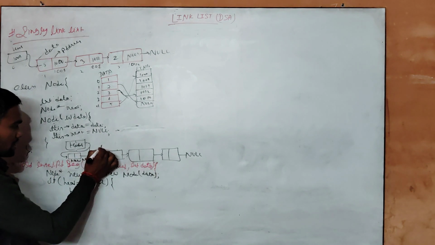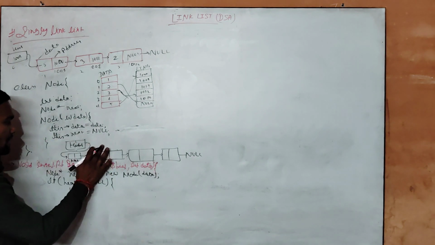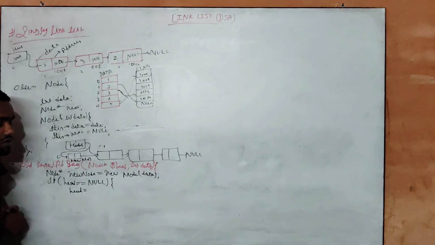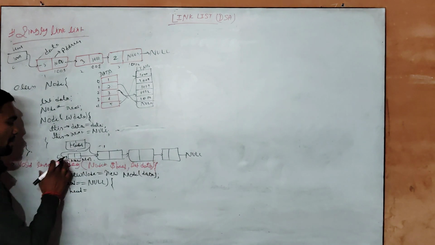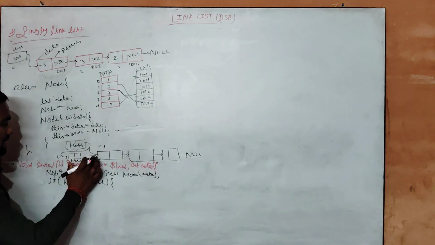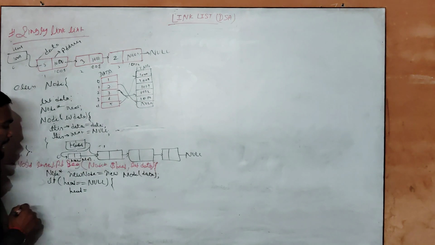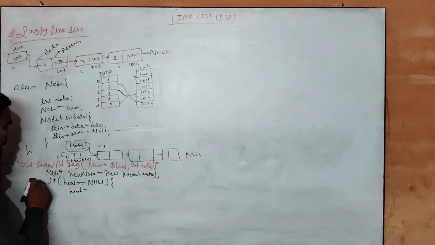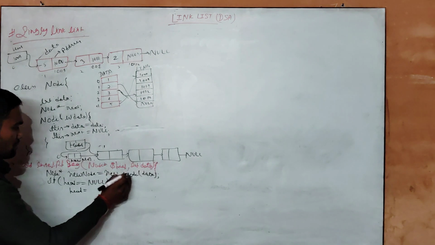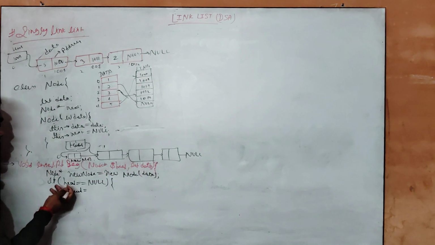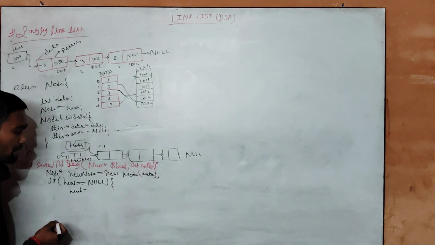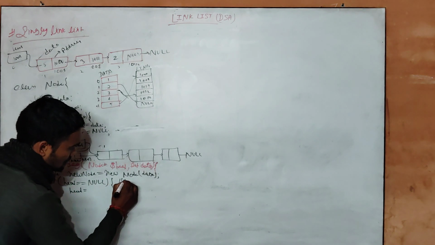I am inserting at the beginning. Suppose it is our position 0, but now the position is 1. Here the position is 0. This node position is 0. I am inserting here, head connected here, at the beginning. First I am creating the node, new node, with data, and next line I am checking the base case.